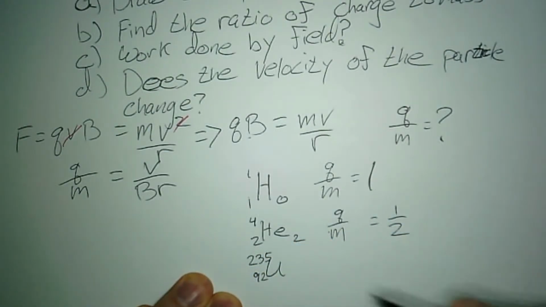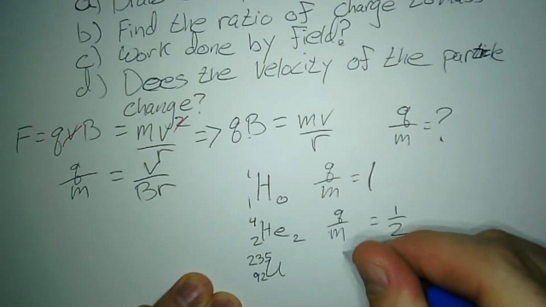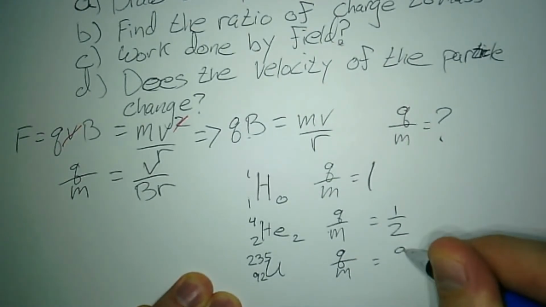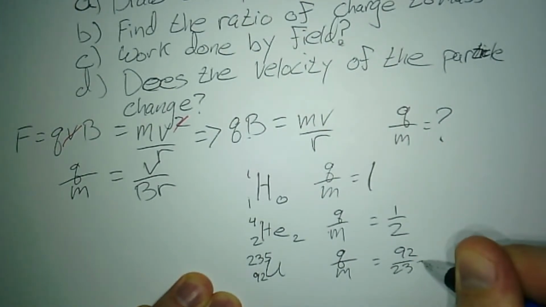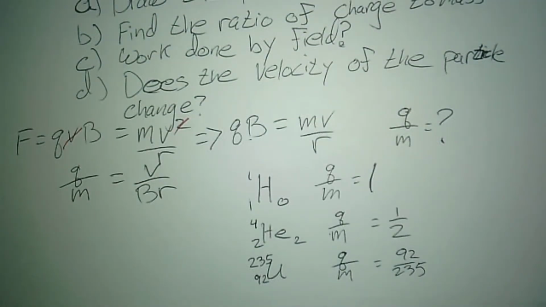I don't know how many neutrons it has off the top of my head because I don't want to do the math. Its charge to mass ratio is going to be 92 over 235, so it's getting even smaller. It's not entirely unique, but it's a really helpful tool in identifying what element it is.